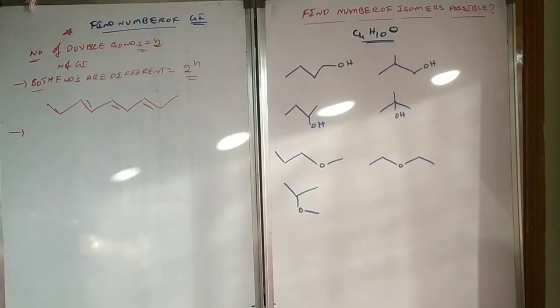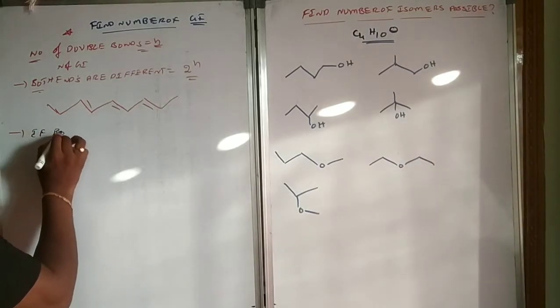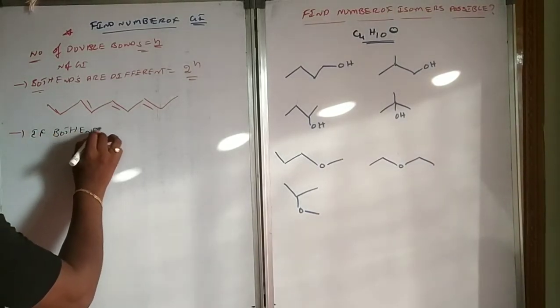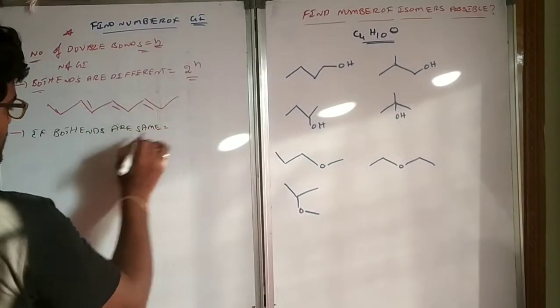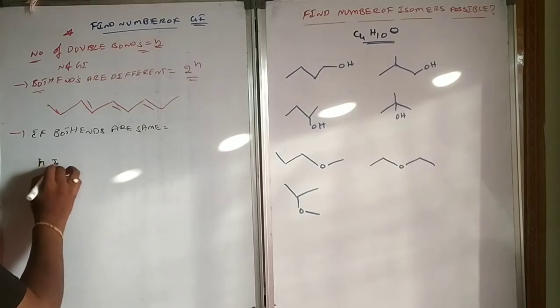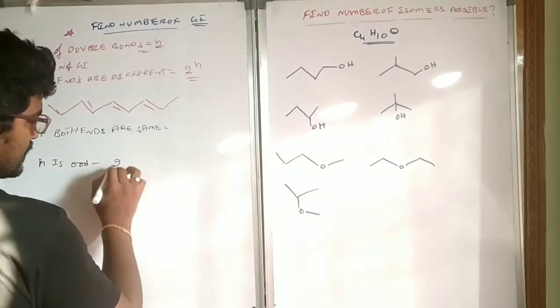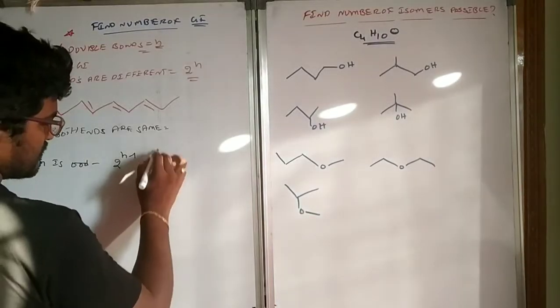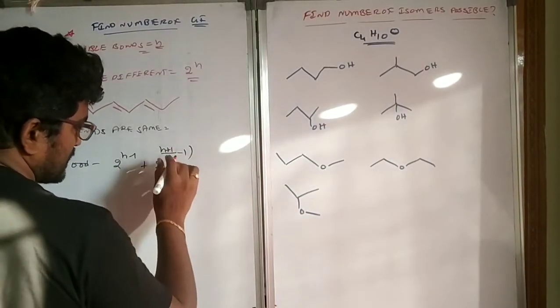And if both ends are same, then if n is odd, 2 power n minus 1 plus 2 power n plus 1 by 2 minus 1 will come.